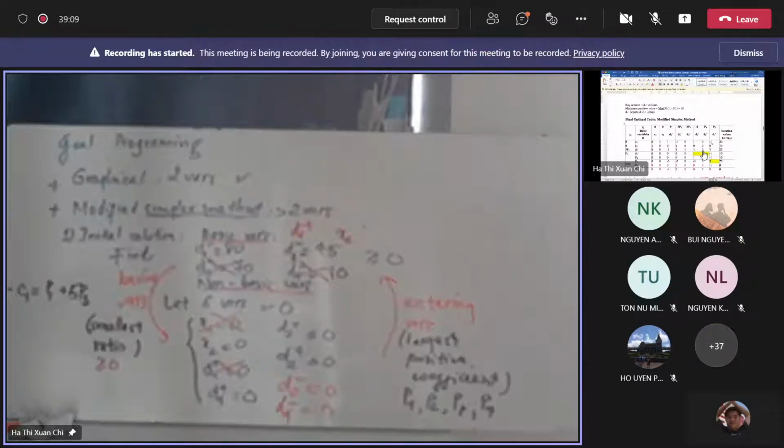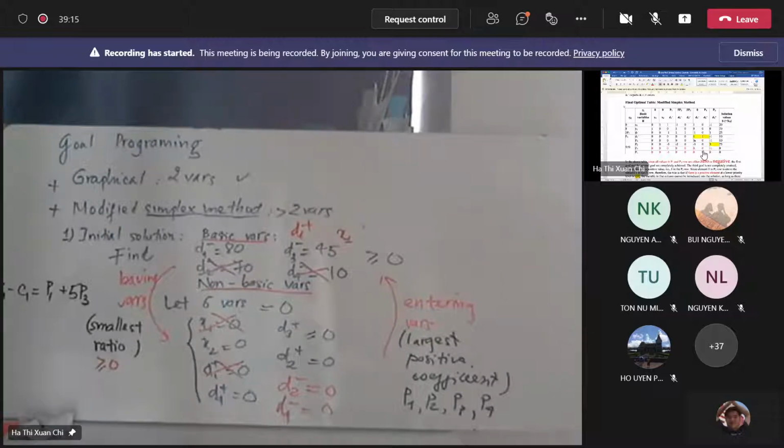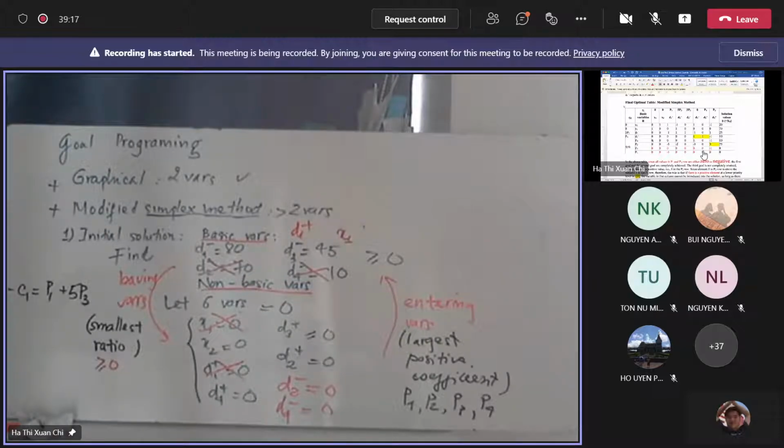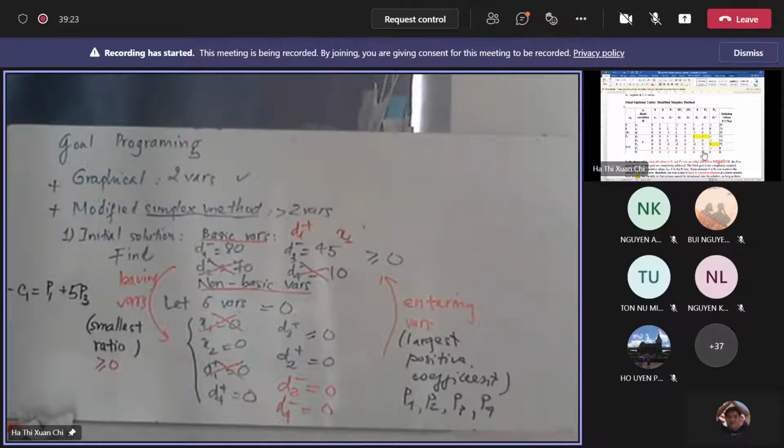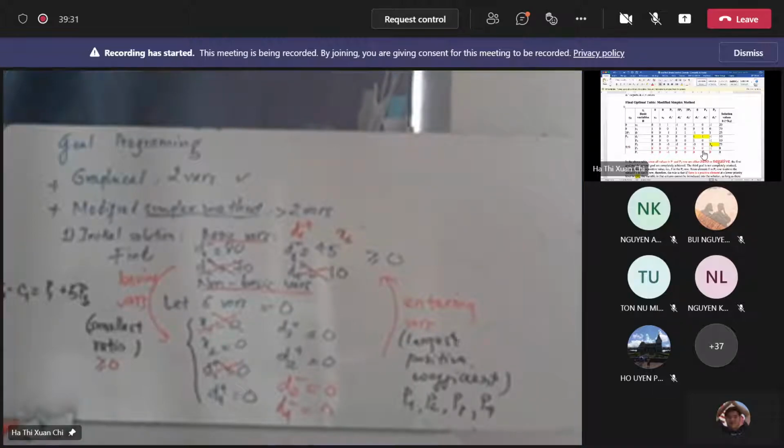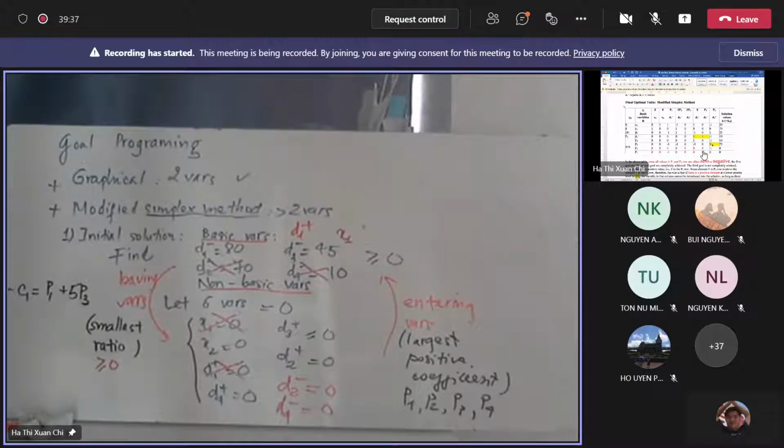So we have the positive number, but here we also have the positives. So if in this row we have negative, we continue. But in the next priority, we have negative, positive, so we stop here.